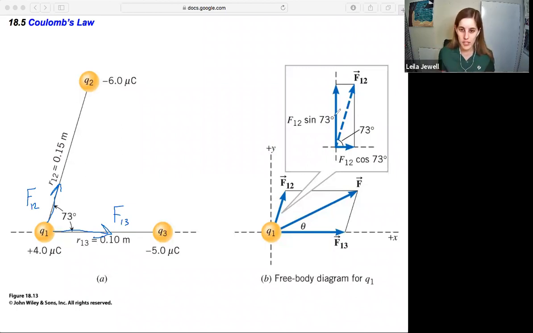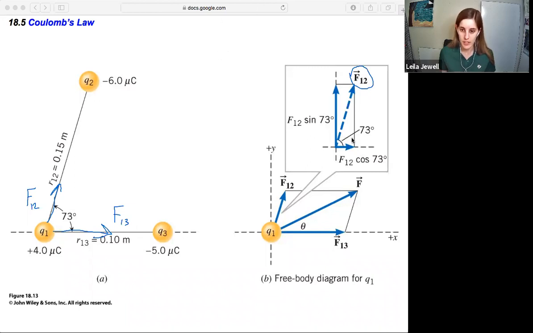So that's what's shown here, where we have F12, but then instead of drawing it as being at this angle of 73 degrees, which is kind of a pain to work with, we can say that some amount of it is pointing along the x direction, and that could be calculated with the net magnitude of F12, whatever that comes out to be, times cosine of this angle 73 degrees, right?